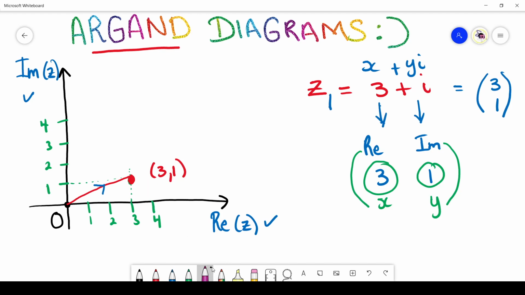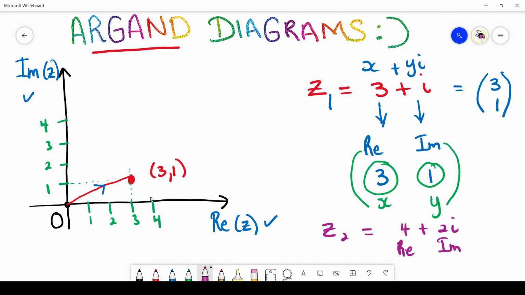Let's do Z2. Let's keep it to the positive quadrant there, the first quadrant, because I should have extended it, but that's fine. How about we have something like 4 plus 2i. Okay, so this part here is the real part. This is the imaginary part. So we're looking at plotting 4 with 2.